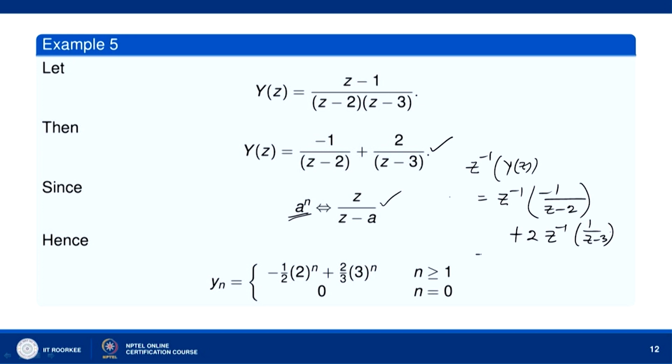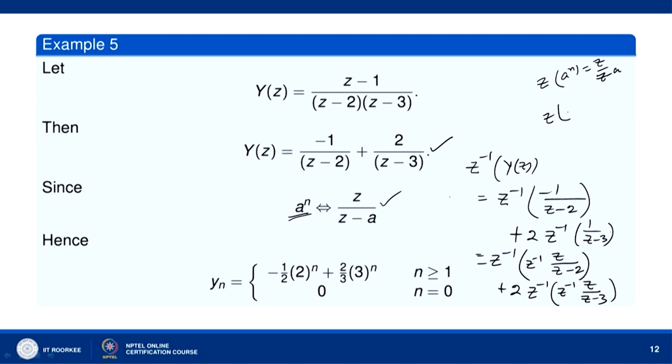So, we can write it as minus Z inverse of Z inverse into z over z minus 2, and here we have 2 times Z inverse of z over z minus 3. Now, Z transform of a to the power n is z over z minus a. Okay.